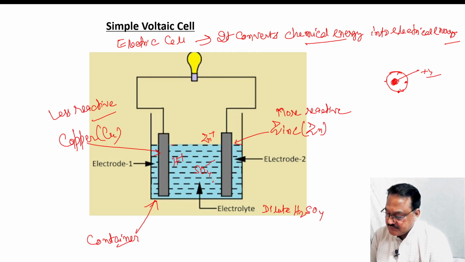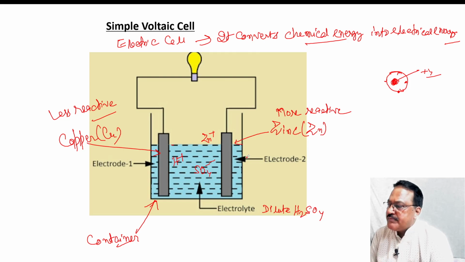Then more positive ions are coming out from this zinc plate, which means negative charge is getting deposited on this zinc plate. The number of electrons is increasing on this zinc plate.